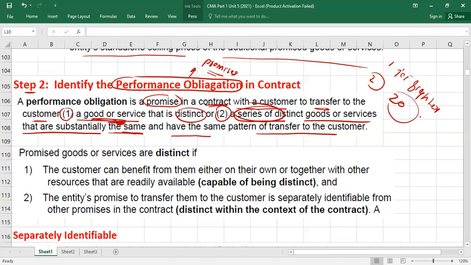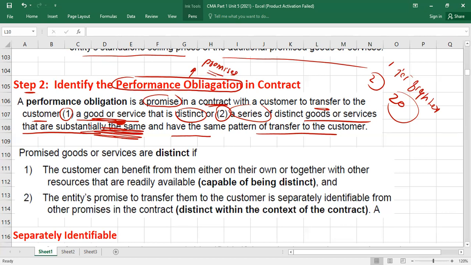Because what are they providing? A series of a good or a service that are substantially the same. Obviously, they will provide you F-16 with the same specification. Not this way: first F-16 and next F-35. No.